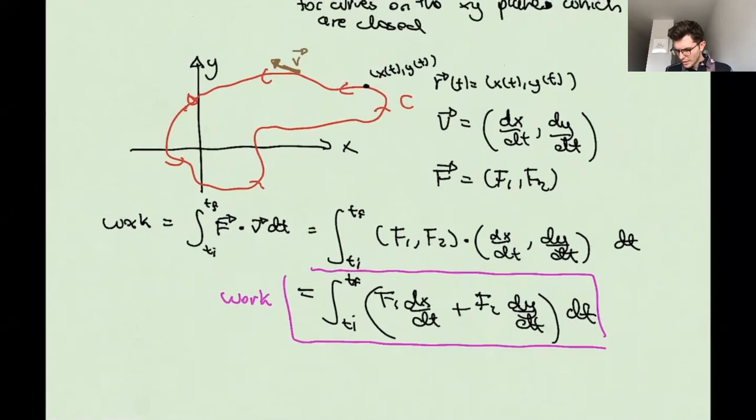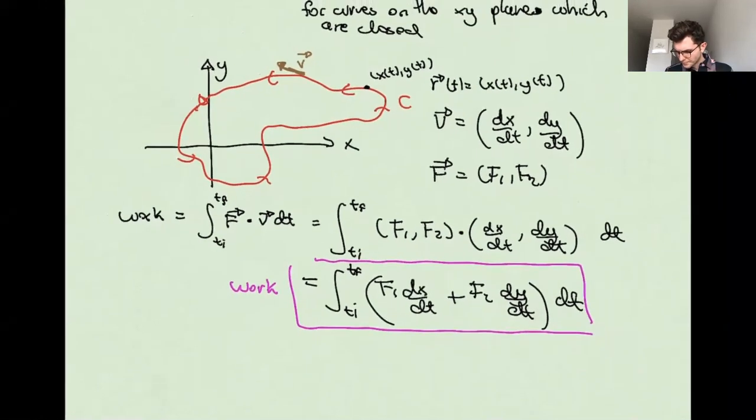Now, for flux, you still do a dot product, but instead of using the velocity vector, you use the normal vector. So think that at every point on the curve, there's some normal vector.